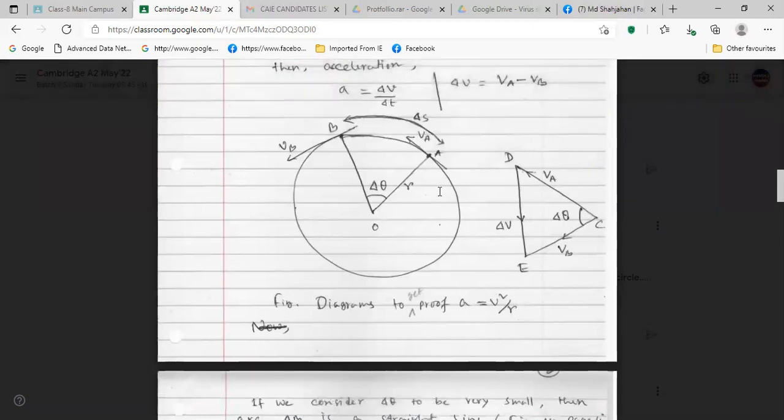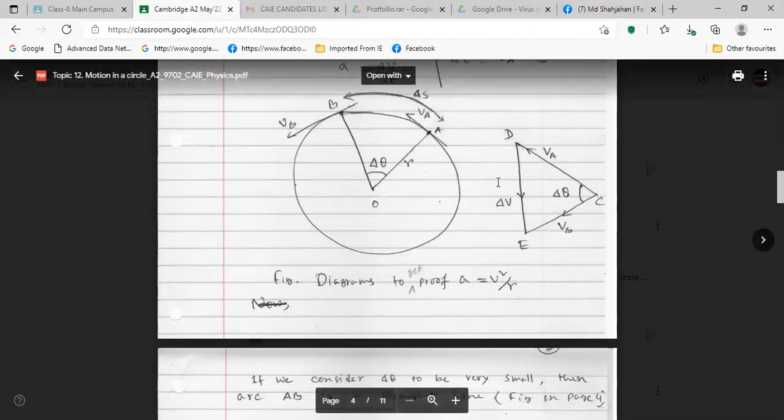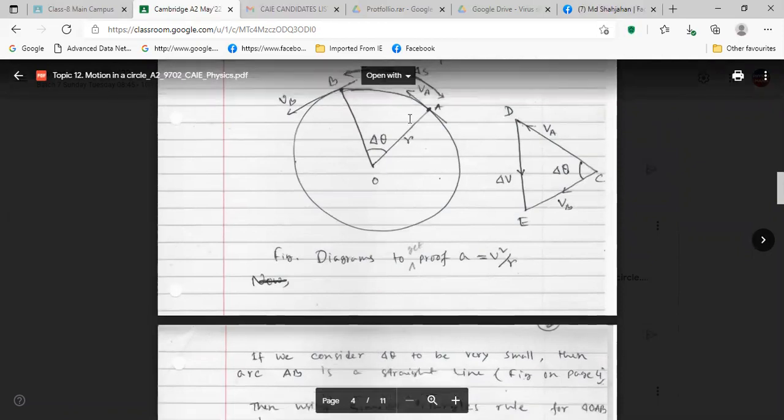DE is del V, so this part is showing that.